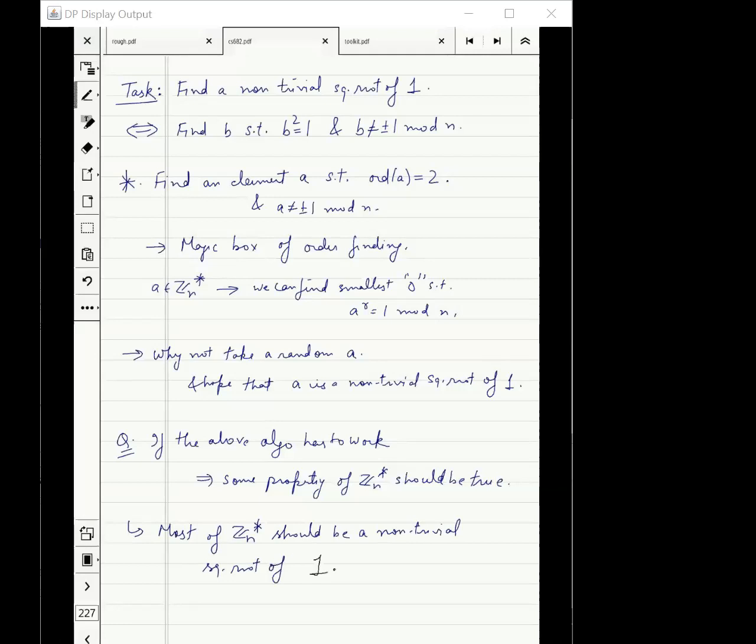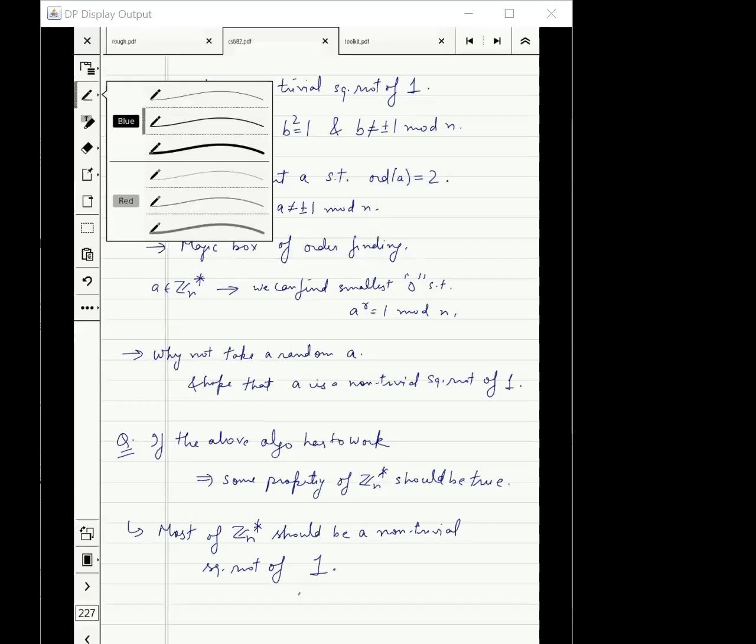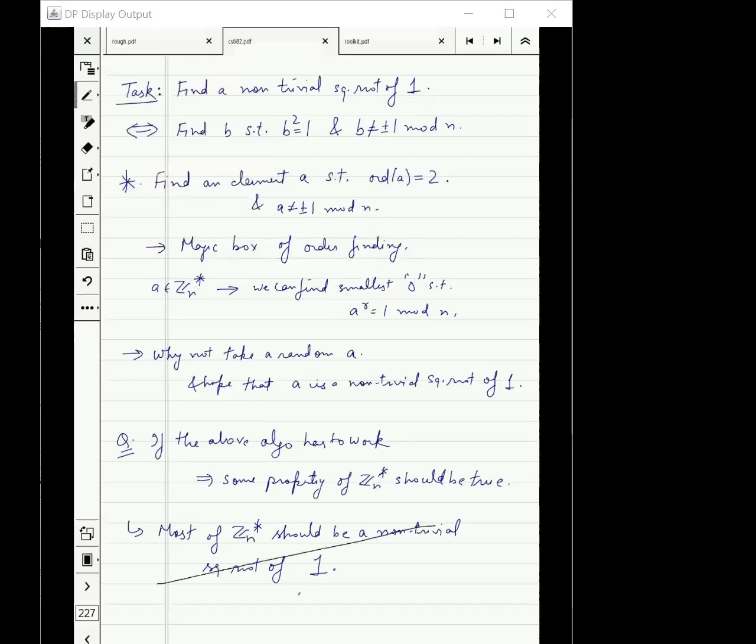But does that sound believable? Is it going to happen that in Zn star, most of the numbers, when I multiply, they will give me 1 mod n? Not necessarily always. So this intuitively is not true, and this is not really true also. You can take n to be the product of 2 big primes. People who are familiar with number theory can easily figure this out.